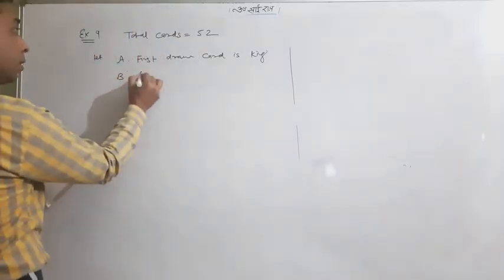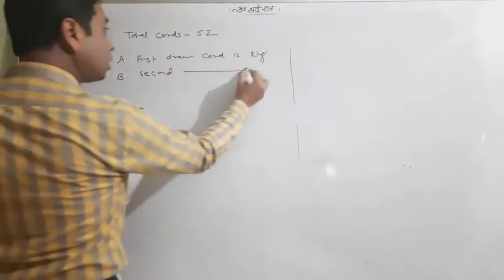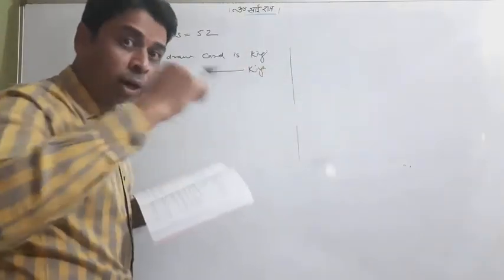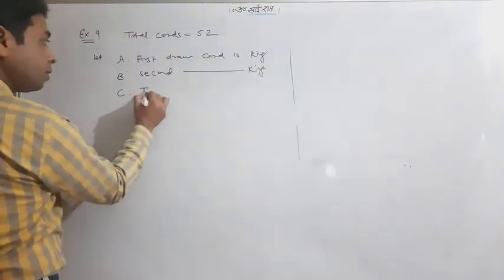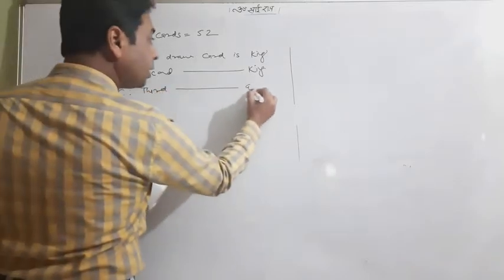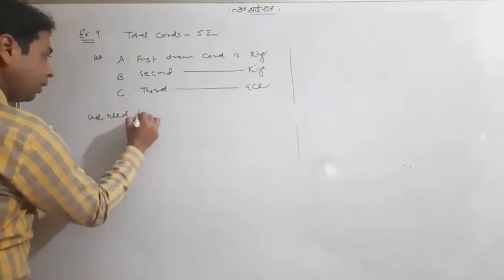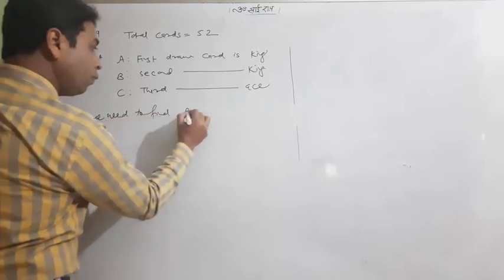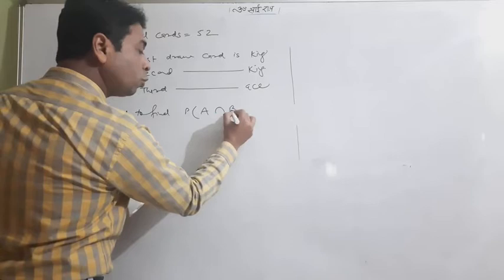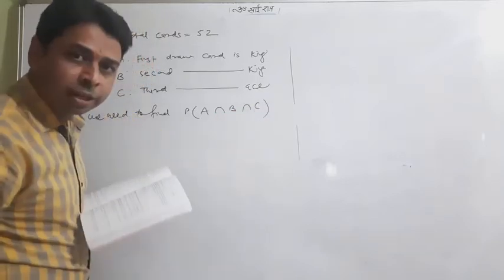B is second drawn card is again a king, because first 2 cards are kings. C is third drawn card is an ace card. Now what to find out? We need to find: first card should be king, second card should be king, third card should be ace card.